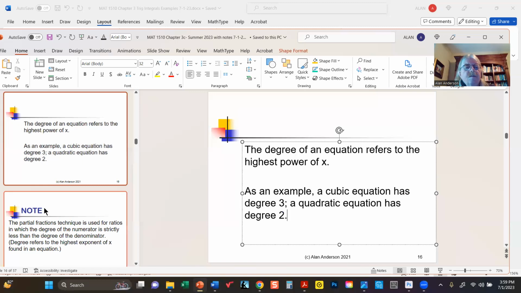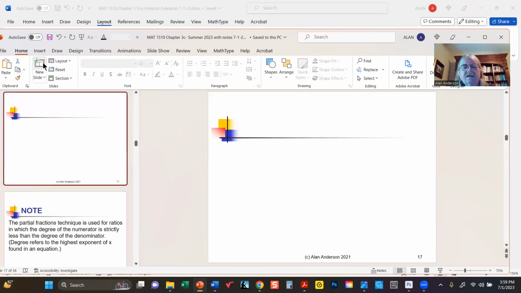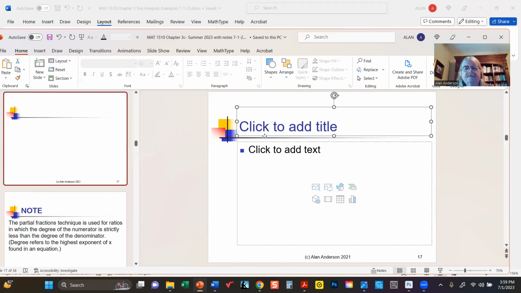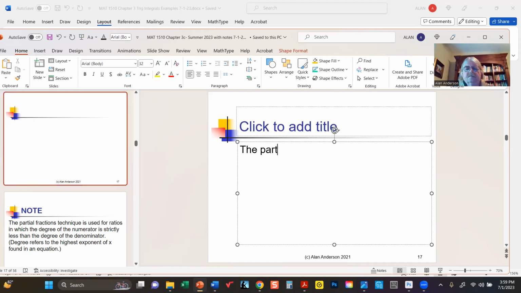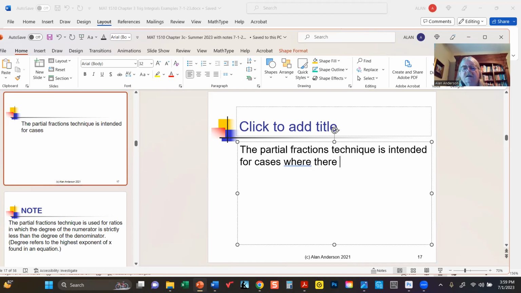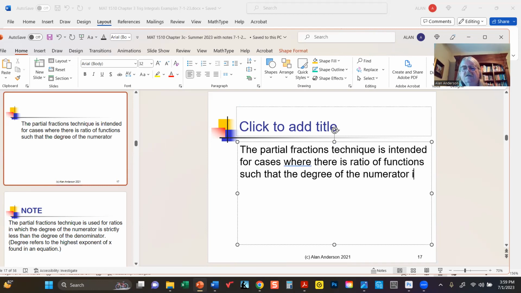Because the partial fractions technique is really intended for cases where there is a ratio of functions such that the degree of the numerator is strictly less than the degree of the denominator.